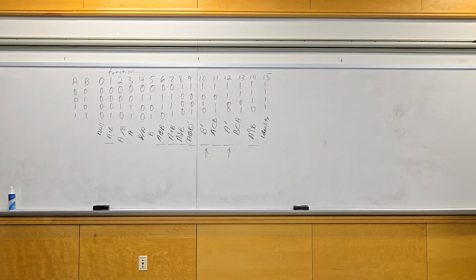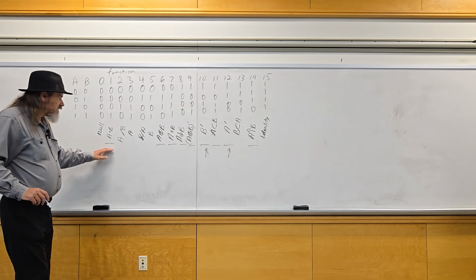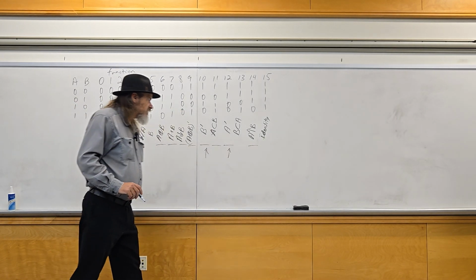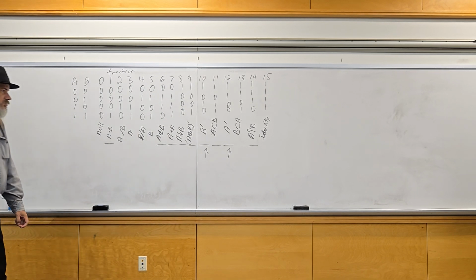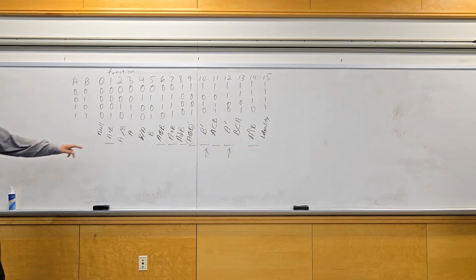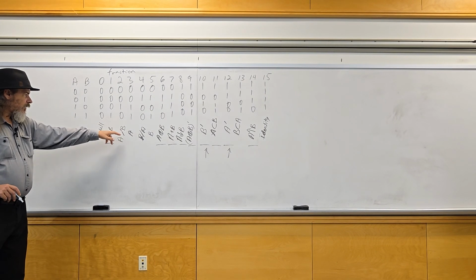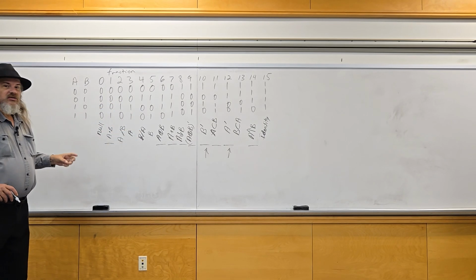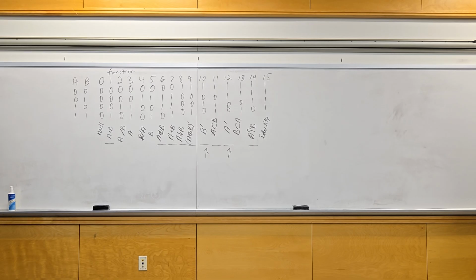But only these are implemented in hardware. Because like here, A and B can't be swapped around. If you swap A and B around, you get a different function. So how would you wire that in an integrated circuit? So it's not used much.